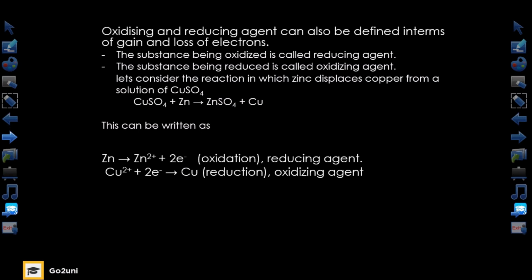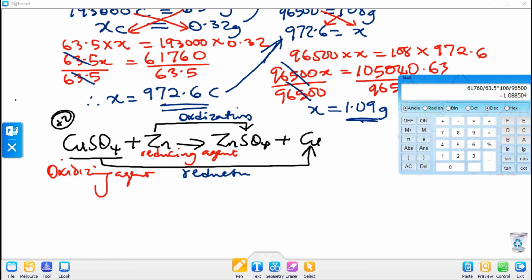So let's go to the definition once again. The substance being oxidized is called reducing agent. So zinc has been oxidized. Look at it, oxidation. Zinc has been oxidized and it is called the reducing agent.